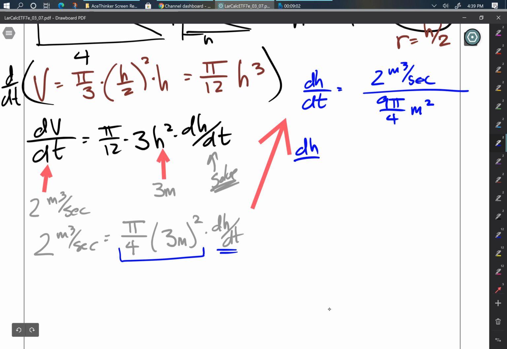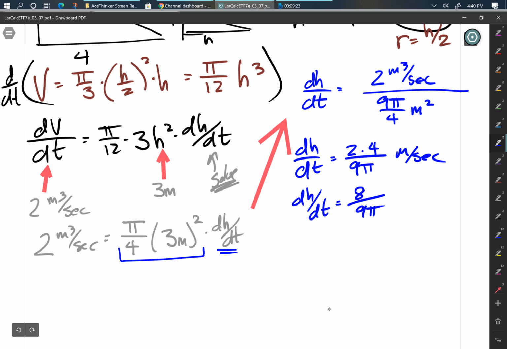So then dH/dt is equal to 2 times 4 over 9 pi. Meters cubed per second divided by meters squared is meters per second. That's 8, right? And so then dH/dt is 8 over 9 pi meters per second.